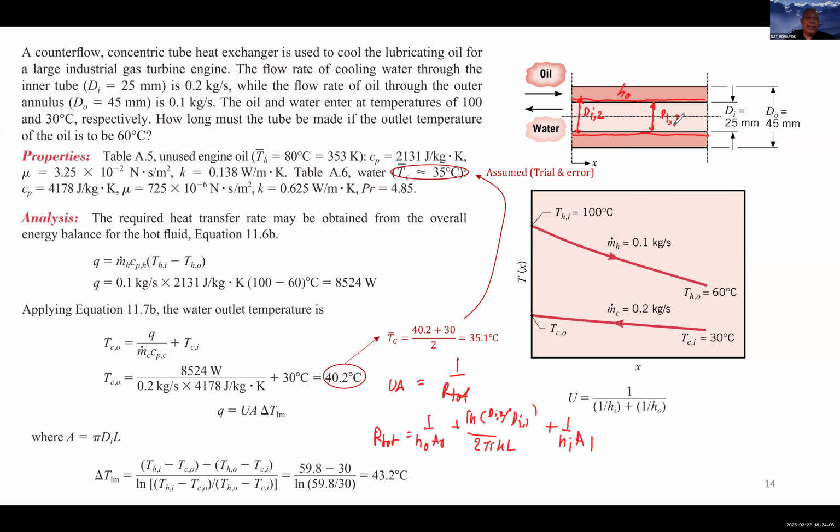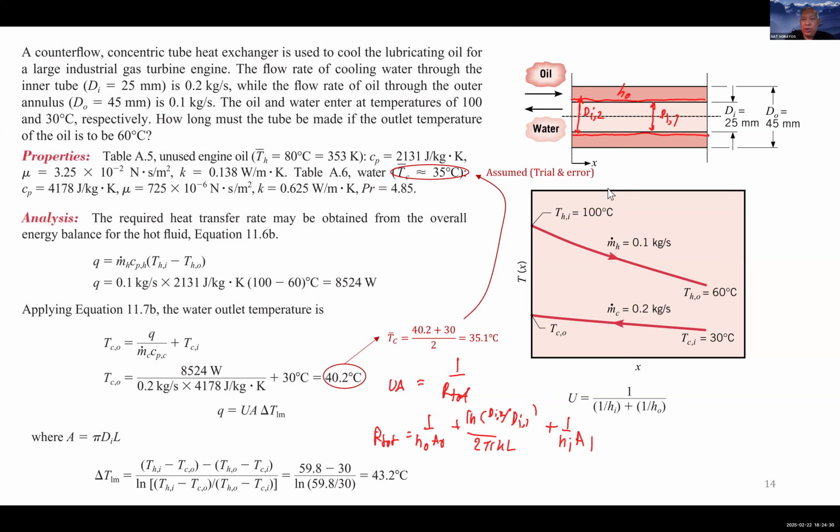But in this case, if you look at the problem itself, nothing in the problem tells anything about the thickness of the inner tube at all.